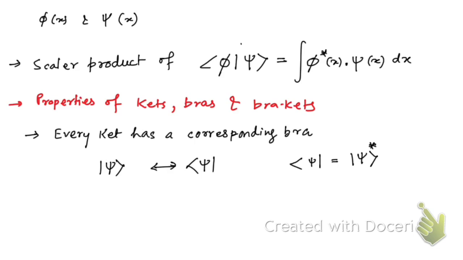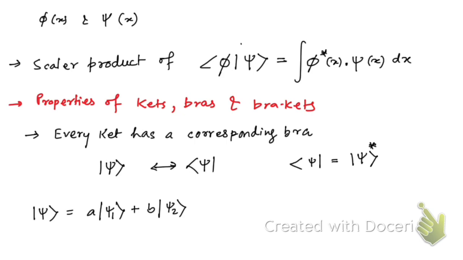Similarly, suppose we have a linear combination, A times ket psi 1 plus B times ket vector psi 2.